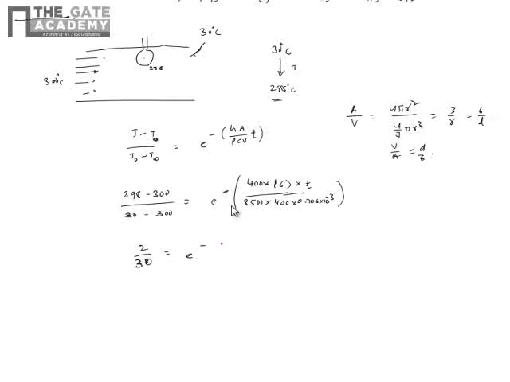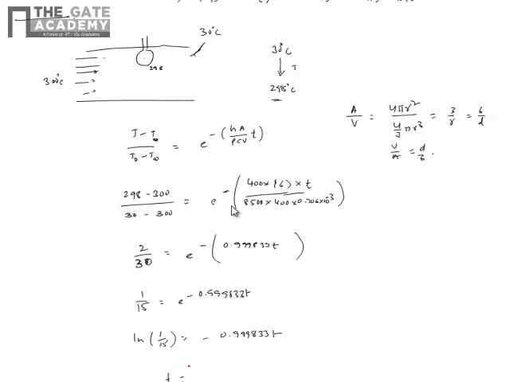Okay, so I have to use a calculator for this value. This comes out to be 0.39833 into t, and this is 1 by 15 equals e power minus 0.39833 t. So if I take ln, 1 by 15 is minus 0.39833 t.